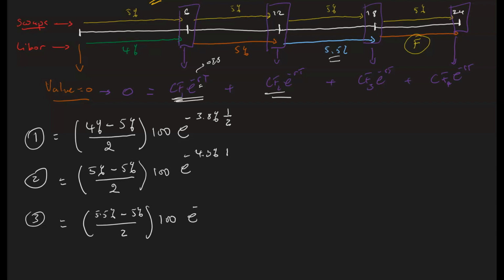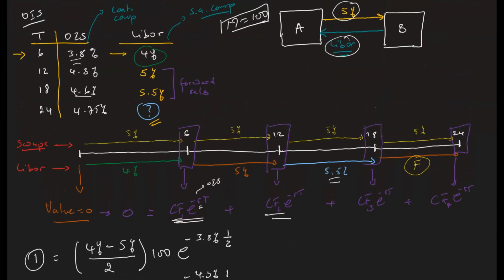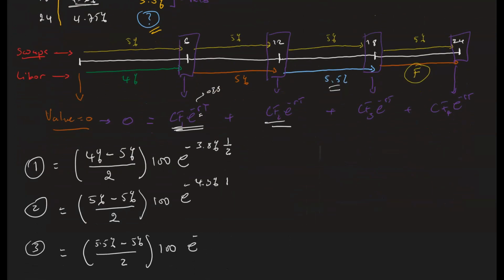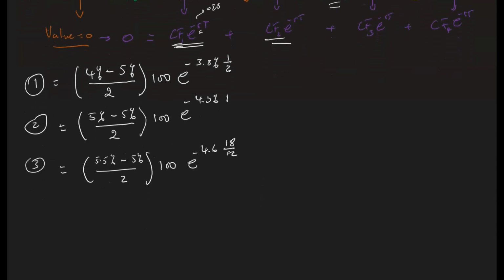And for the present value, our 18 months OIS rate is 4.6%, so that's going to be 4.6%, and we're going to do 18 divided by 12.